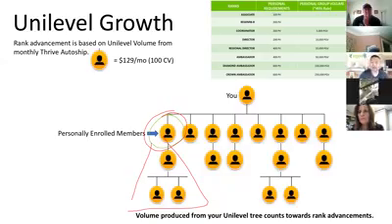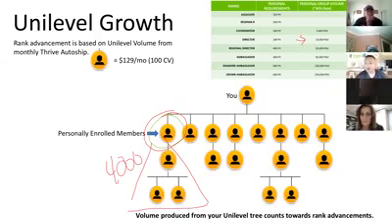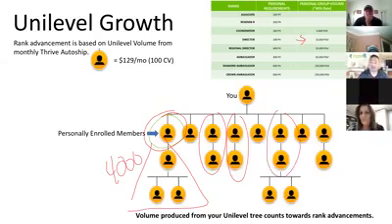All you can take is 40% of the qualification, so 40% of 10,000 for your rank advancement. So if this organization is more than 10,000, you can take 4,000 CV towards your 10,000. That means you'll need another leg and another leg and another leg to make up that 10,000, okay? And that's how you rank advance.